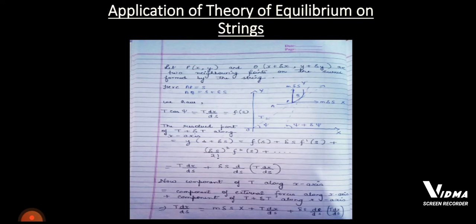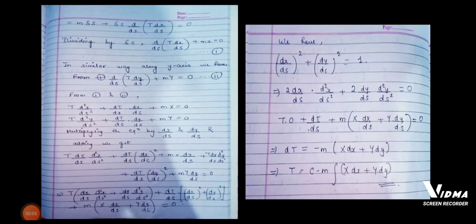That will be T dx by ds equal to m del s x plus T dx by ds plus del s d by ds of T dx by ds, which will be equal to m del s x plus del s d by ds of T dx by ds equal to 0. Now dividing by del s, we will get d by ds of T dx by ds plus mx is equal to 0.